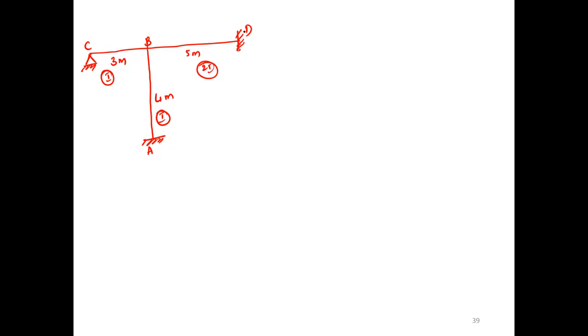For simply supported, what is the condition? 3EI by L. Remaining all? 4EI by L. That's all. And also observe, what is the distribution factor at joint A? 0. Joint D? 0. Joint C? 1. For joint B, how many members? 3. BC, BA, BD.